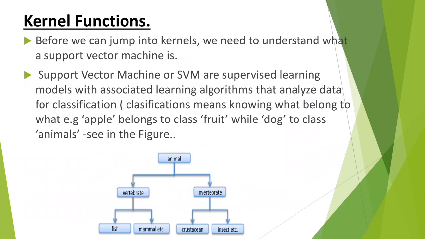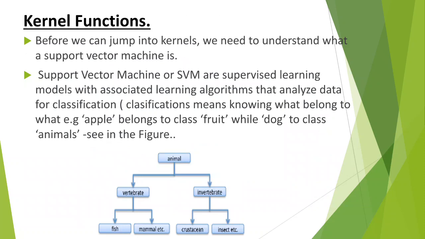Kernel functions. Before we can jump into the kernels, we need to understand what a support vector machine is. Support vector machines, or SVMs, are supervised learning models with associated learning algorithms that analyze data for classification. Classification means knowing what belongs to what.